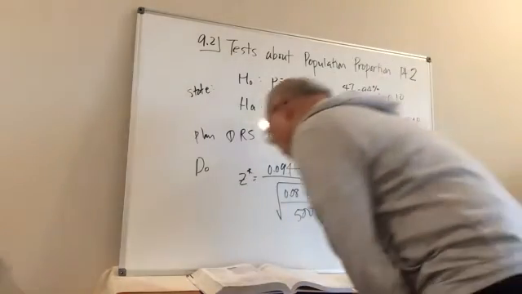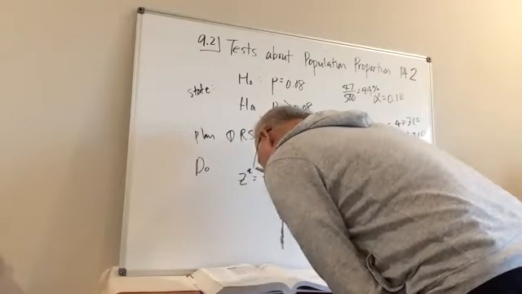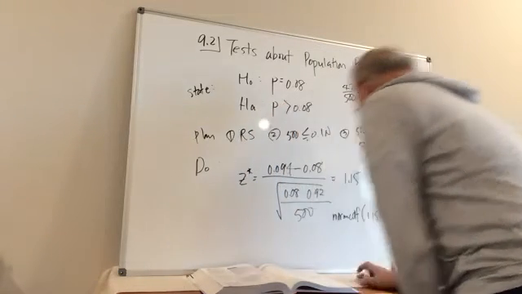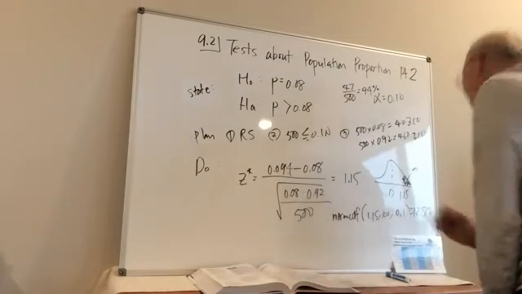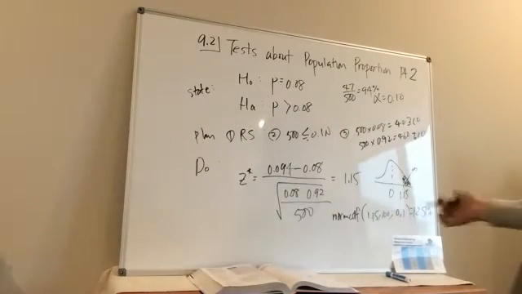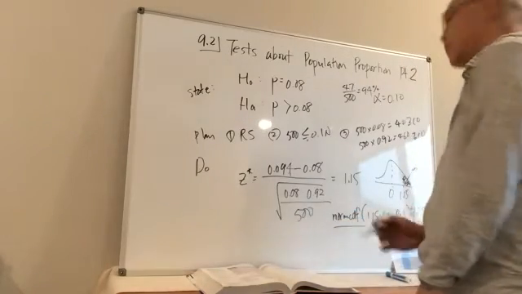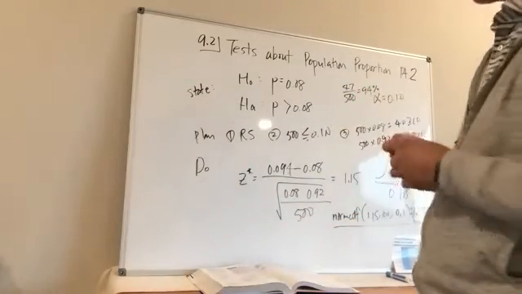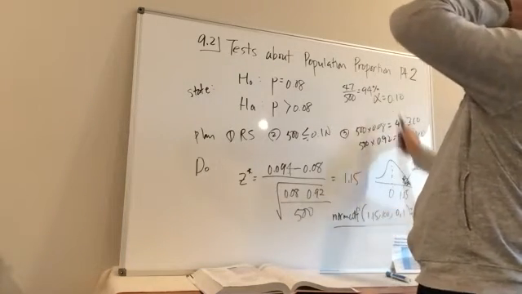And if I do that, what do I get? I get 12.51%. This is my p-value right here. My p-value is 12.51%. So I compare the p-value to the alpha, and lo and behold, my p-value is greater than the alpha.